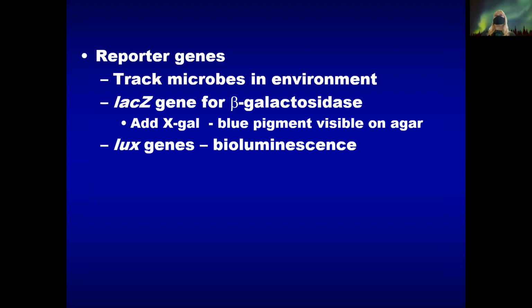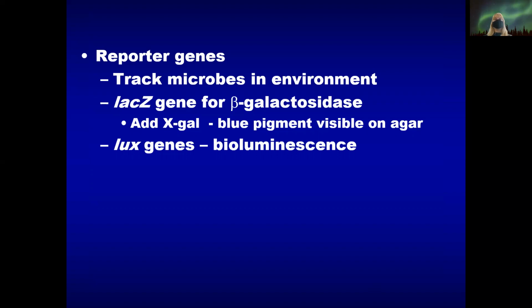And what happens is that it codes for this enzyme, beta-galactosidase, and then you add a chemical to the microbe's environment called X-gal. I would do these in Petri plate experiments. If the bacteria has the gene tagged into it, you can see this blue pigment come up right around the colony.